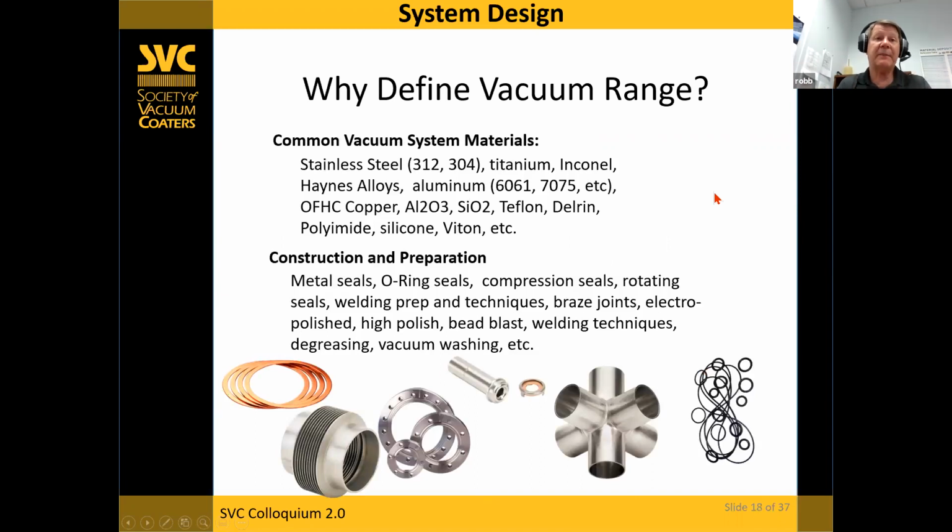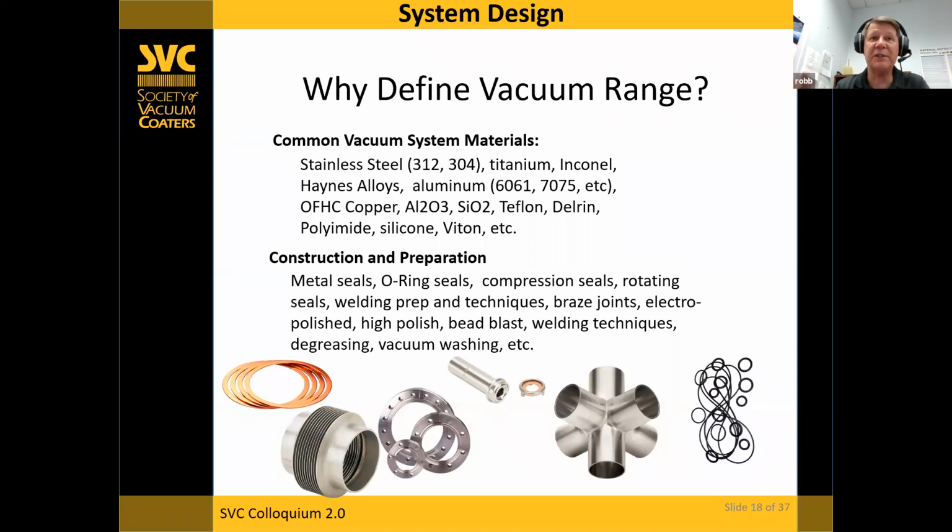These are some of the common materials used in many vacuum systems. Stainless steel, 304 and 312 are common. Titanium, Inconel, Haynes alloy, aluminum, OFHC copper, alumina, silicon dioxide, Teflon, Delrin, polyimide, silicone, Viton. If you take vacuum systems as a whole, you can find many of these materials in many different vacuum systems.